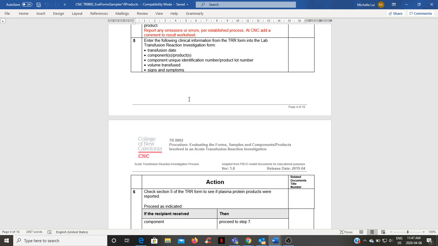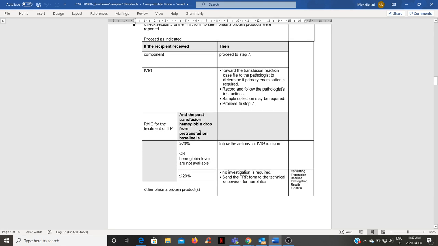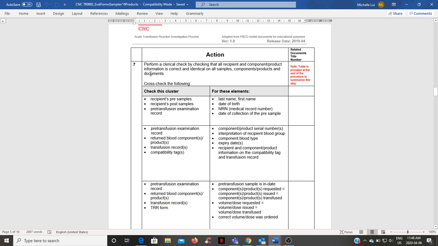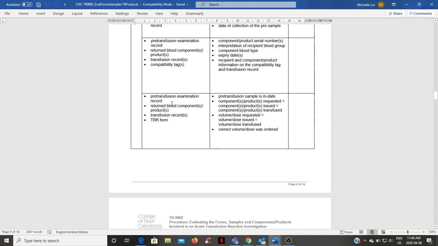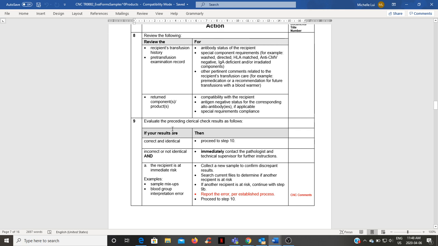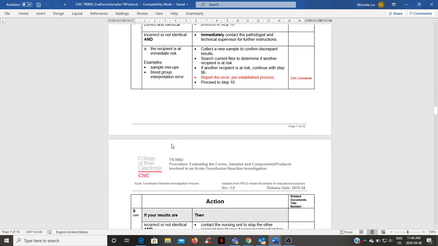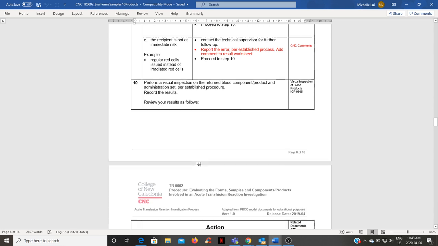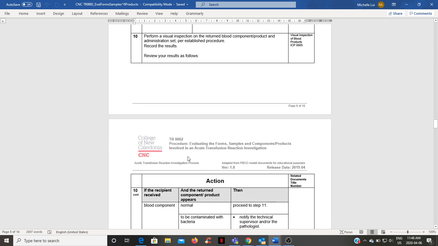And then go down, and in this case this was a red cell transfusion as well. So down to number 7, do your clerical check. And if your clerical checks are all identical, then as I said before, you're continuing on to do the primary examination.